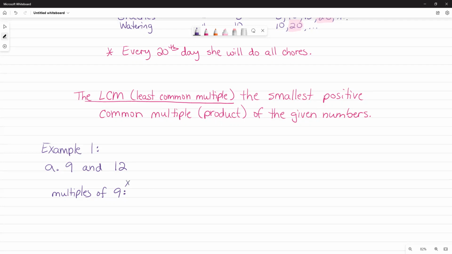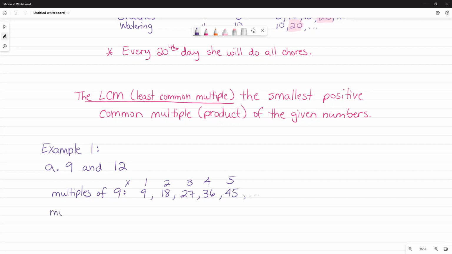So 9 times 1 is 9. 9 times 2 is 18. 9 times 3 is 27. 9 times 4 is 36. And 9 times 5 is 45. So we'll start there, see if we end up with anything.